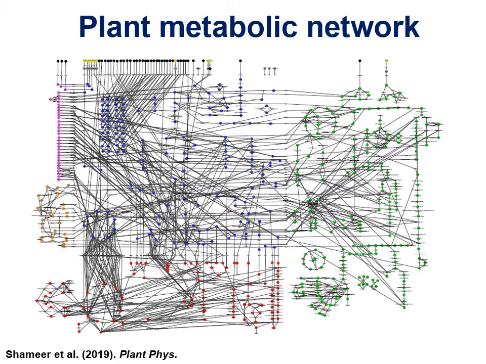You also have in green the metabolites and reactions of the chloroplast network, in blue the cytosol, in red the mitochondria, orange is the peroxisome, pink I think is the vacuole, and black is something that comes from outside, for example oxygen, CO2, water, nutrients, and light.